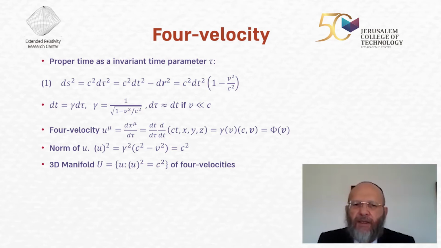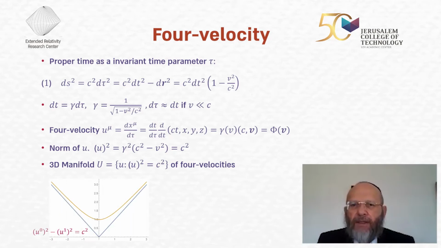So that's a nice description of the representation of the velocities: the three-dimensional ball now became a three-dimensional manifold. Now the Lorentz transformations map this manifold into itself, because Lorentz transformations keep tau and the norm is also preserved, and therefore this condition will be preserved.